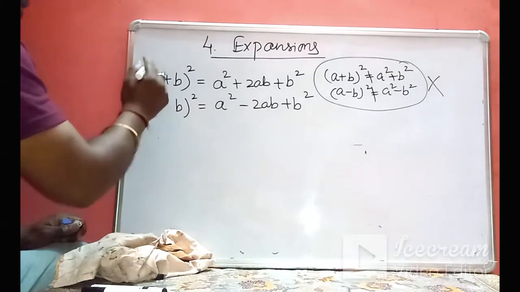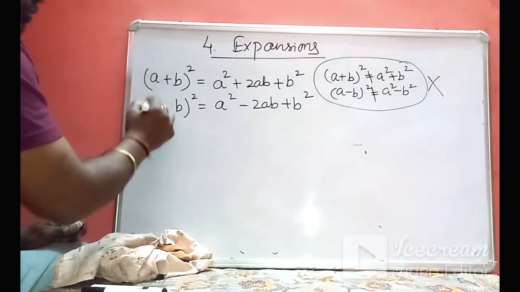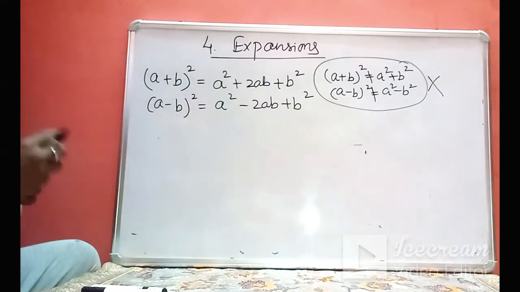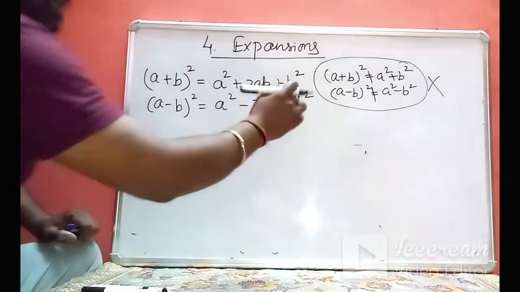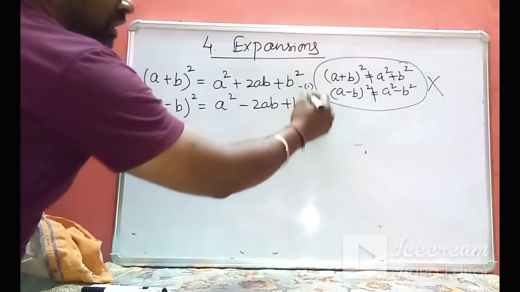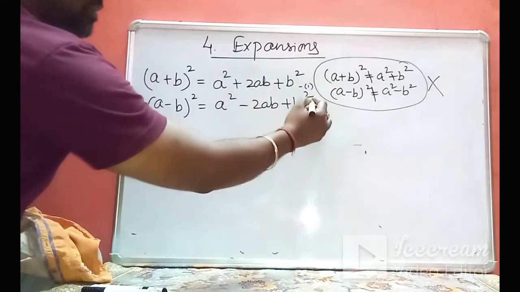Now with the help of the identities (a + b) whole square and (a - b) whole square, I will form two more identities. Suppose this is our first and this is our second.